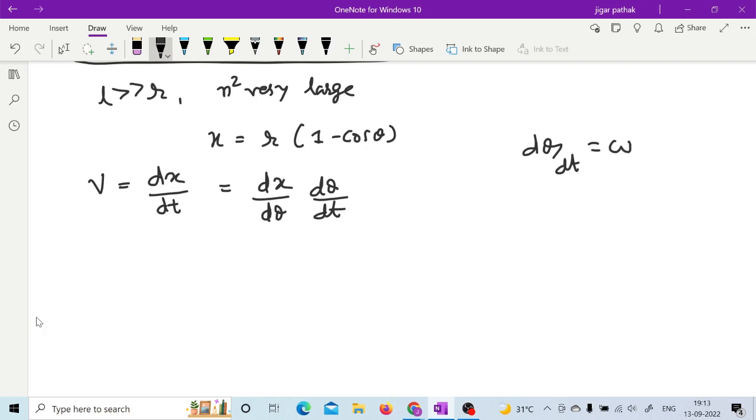Now we differentiate x, the above equation which we have written, not the simplified one, with respect to theta.